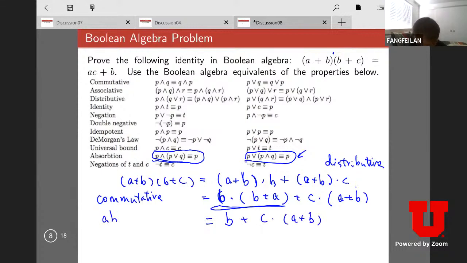So this is by absorption. And we're going to distribute again, right? We have this C times A plus C times B.